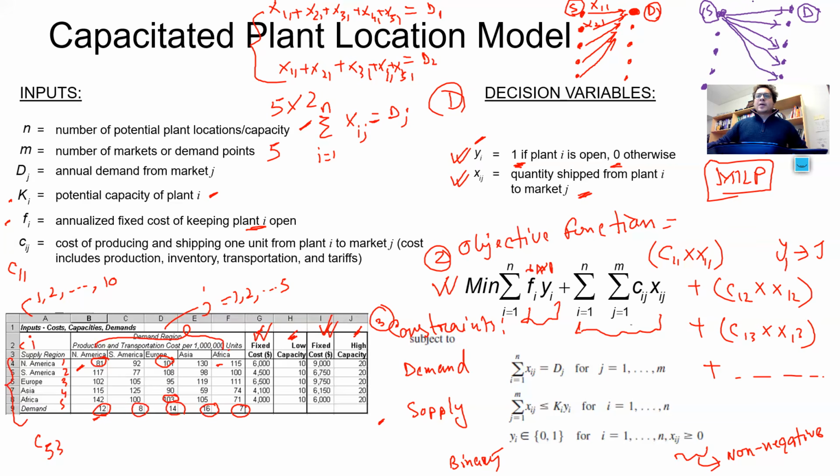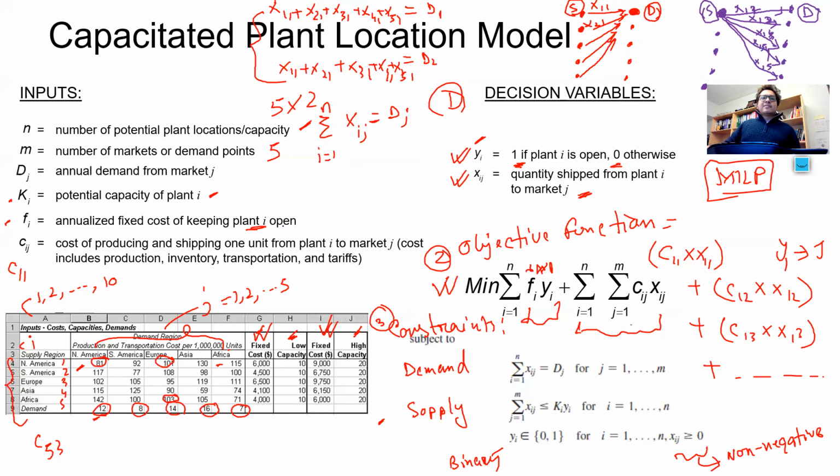So here it is x11, x12, x13, x14, x15, right? So the supply we are going to send from this supply location to all the demand locations cannot exceed the capacity of this supply location.